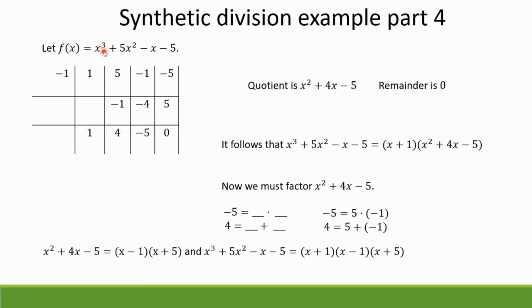The quotient is degree 2. It's 1 less. So we get x squared plus 4x minus 5. And that's what we get.